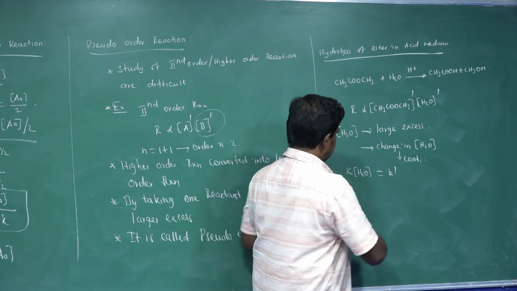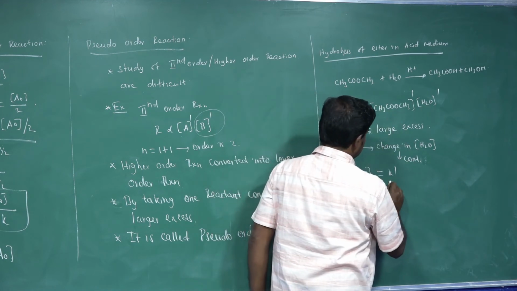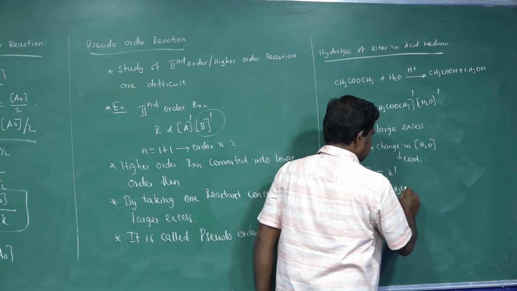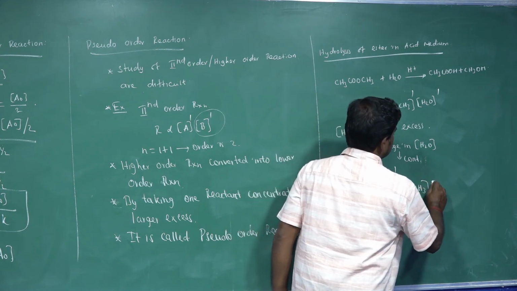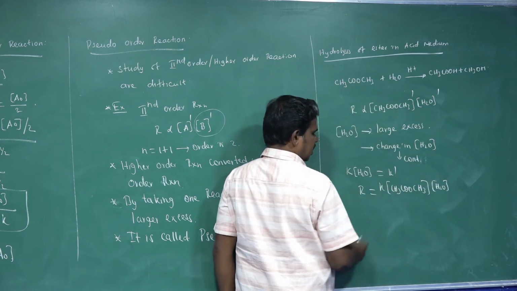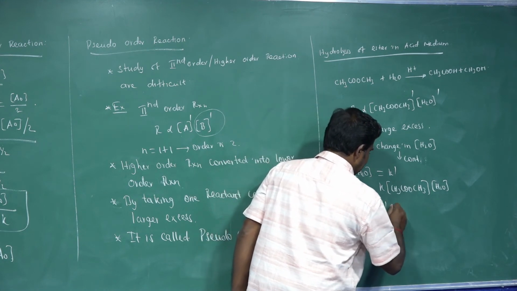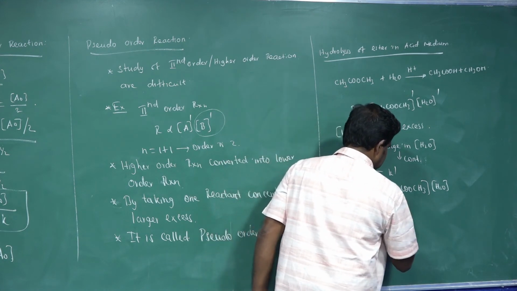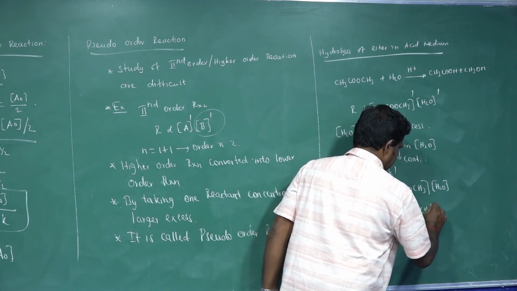So what will happen here? Rate is equal to K into the concentration of CH3COOCH3 and the concentration of water. K into the concentration of water is nothing but K dash. So rate is nothing but K dash into the concentration of CH3COOCH3.